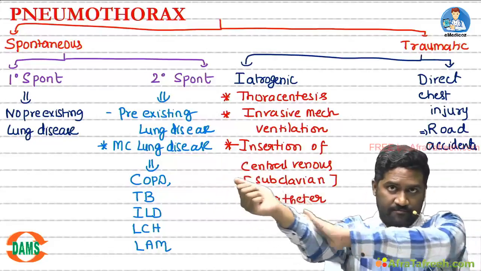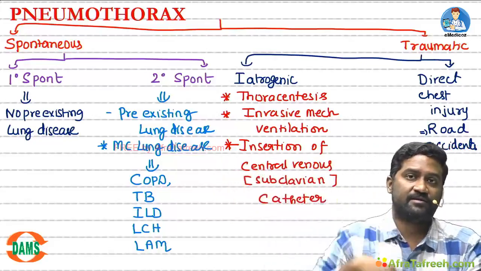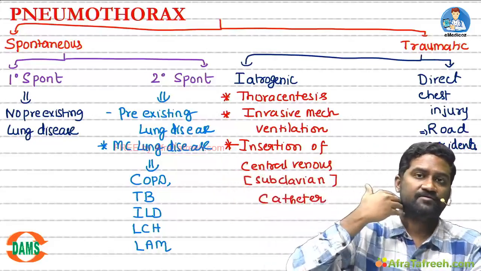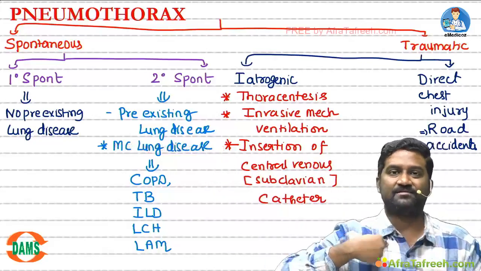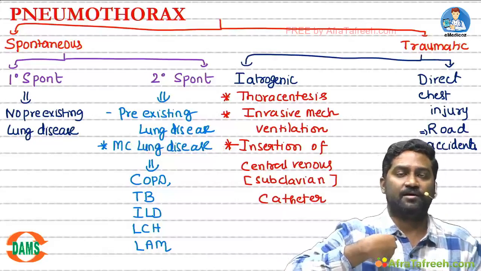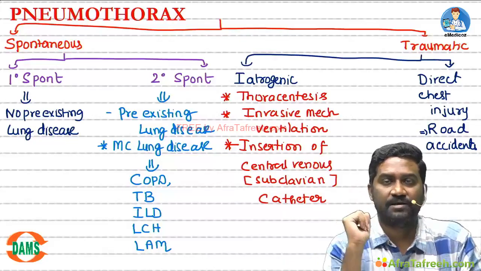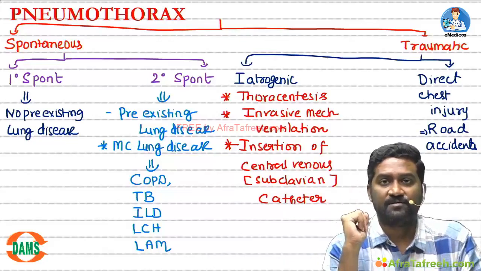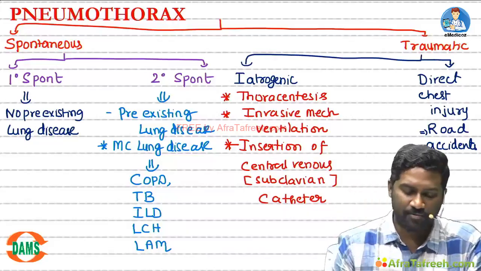Whenever your peripheral veins are not accessible, you go for central venous cannulation. So one is jugular, other is subclavian. So if you want to puncture the subclavian, you have to puncture beneath the clavicle. Whenever you are puncturing beneath the clavicle, accidentally lung apex can be damaged. Whenever lung apex is damaged, what will happen? Air can escape into the pleural space.